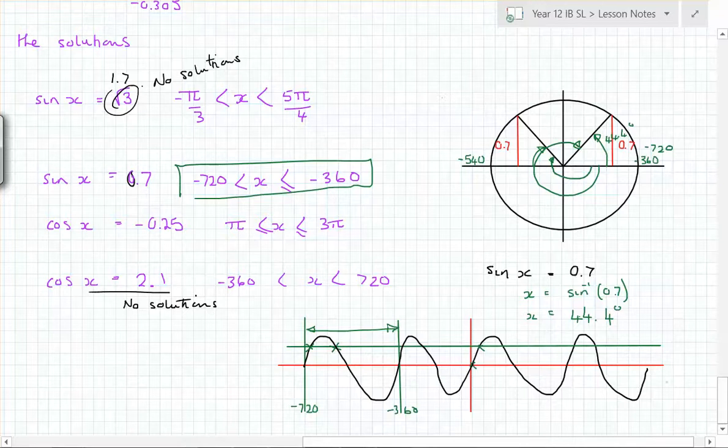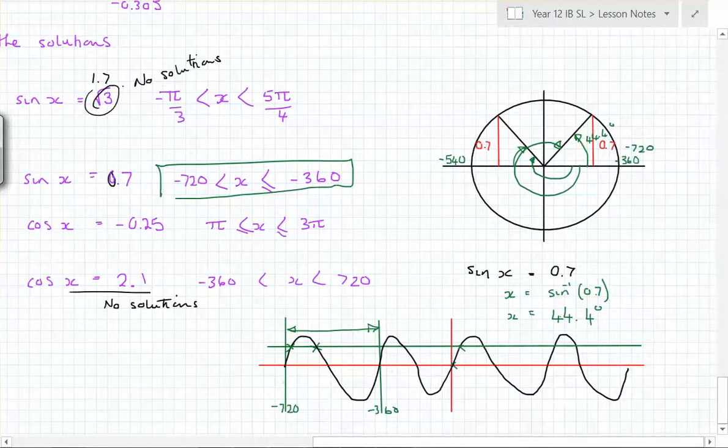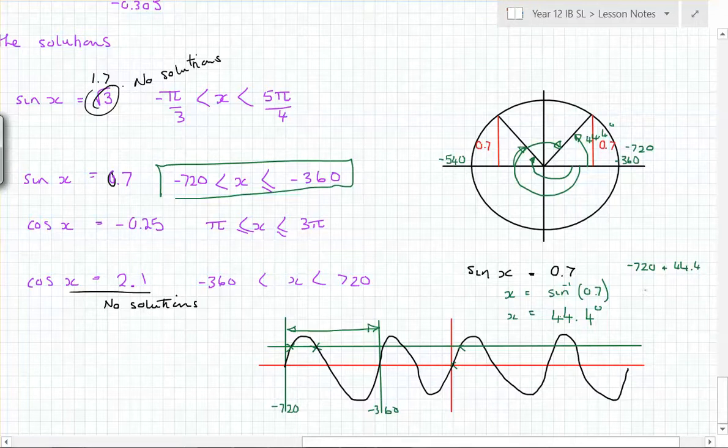So my two solutions that are here, same thing, look, would be minus 720 plus 44.4, and minus 540, take away another 44.4.